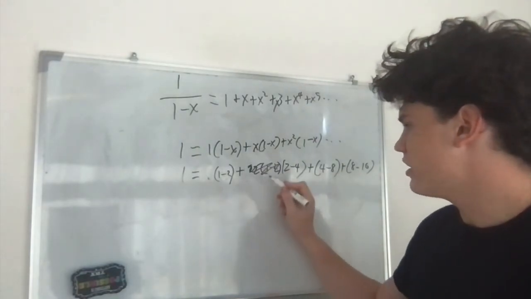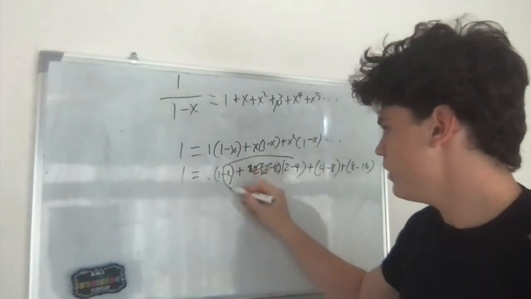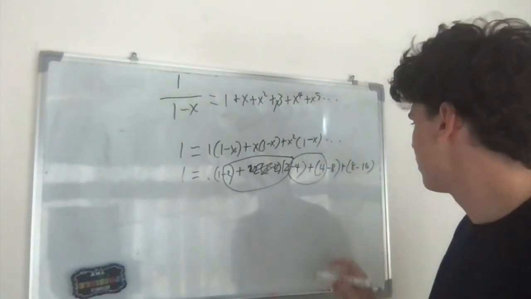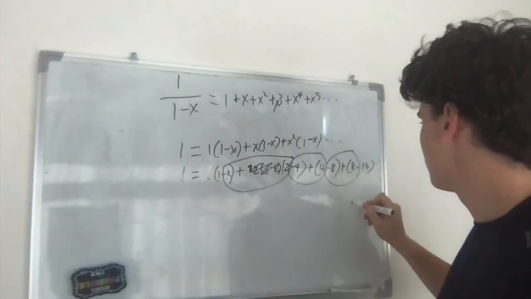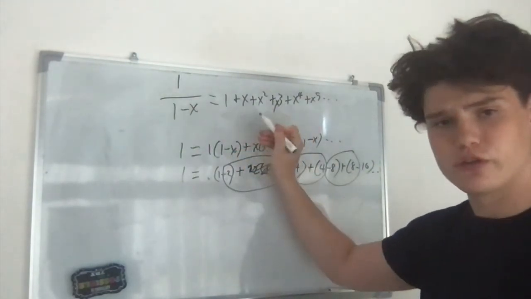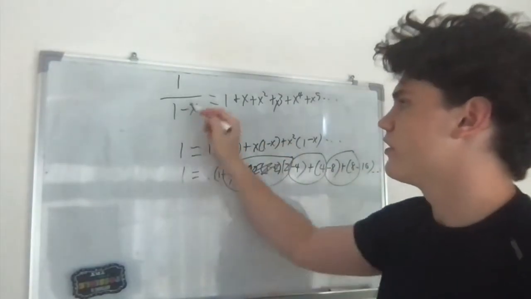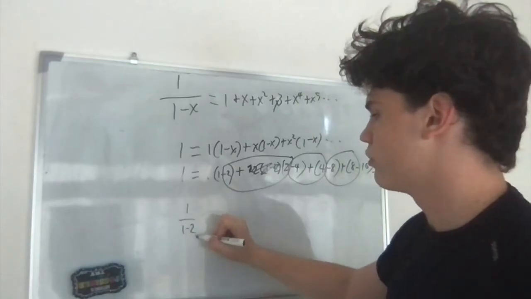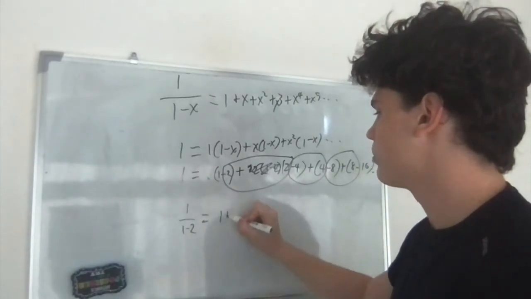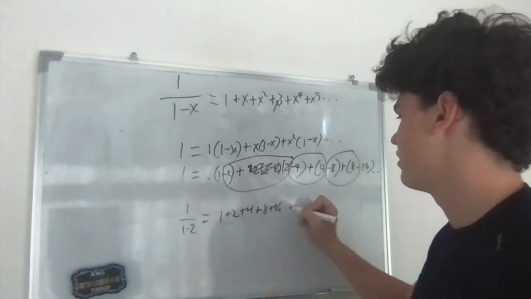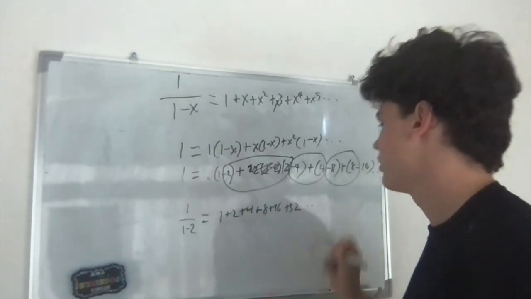Well, we can look at it here, right? We have this group of 2 and negative 2 here. These cancel out to be 0. So will these. So will these. And it continues on. So then that would suggest that this statement right here is true. Now let's substitute in the original x. We have 1 over 1 minus 2 equals 1 plus 2 plus 4 plus 8 plus 16 plus 32, and so on.